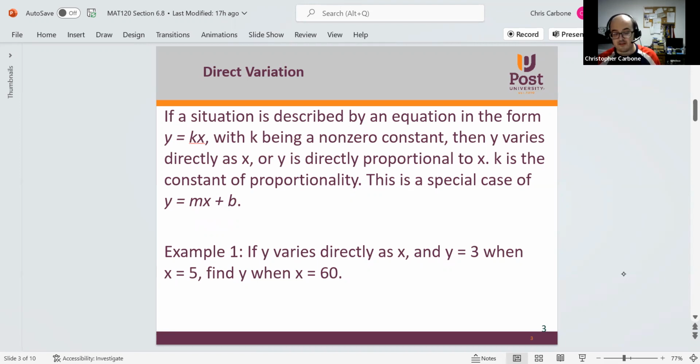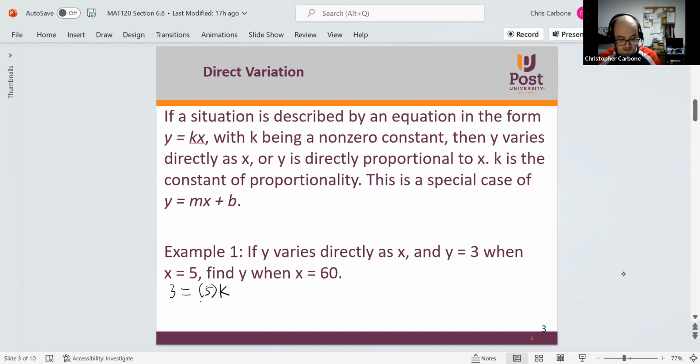So if y varies directly as x, and y is equal to 3 when x is equal to 5, we want to find y when x is 60. So this will be 3 is equal to 5 times k. We need to find k before we can actually find that value of y.